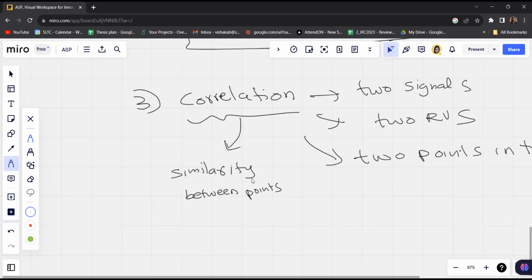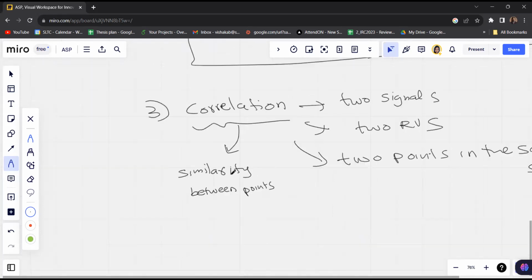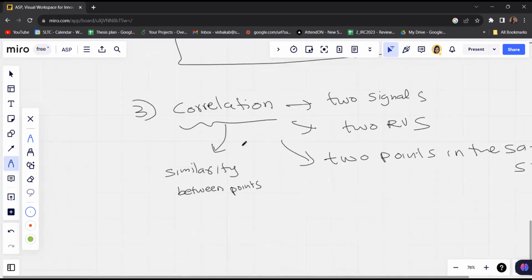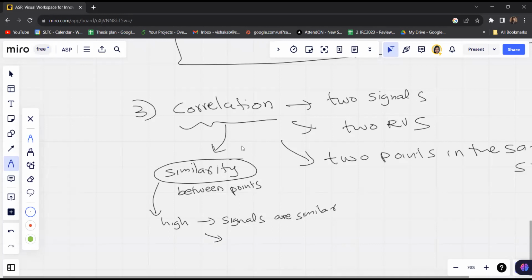And we can denote that mathematically using integrations, and I will explain to you. Just understand that correlation gives us a value of how similar those things are. If the value of this similarity is high, then we know that the signals are very similar to each other. This is an indication that the signals are almost the same.